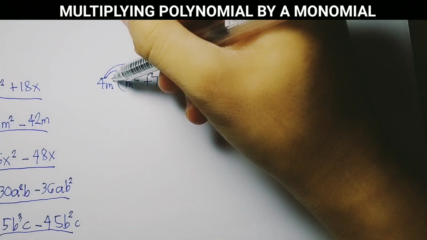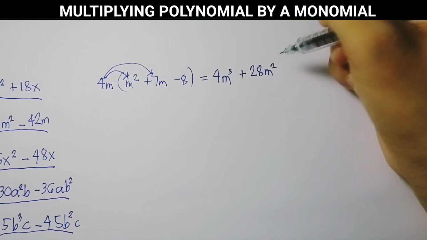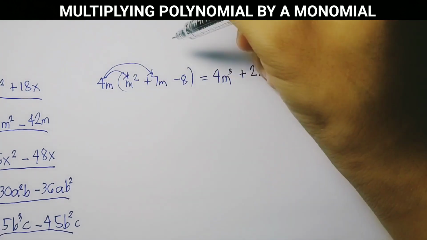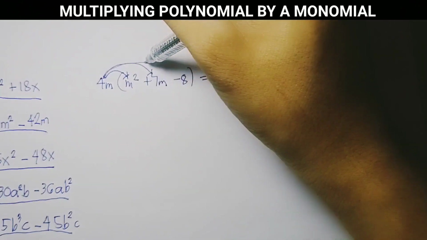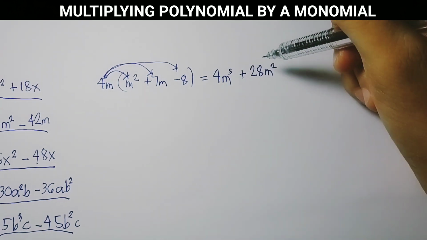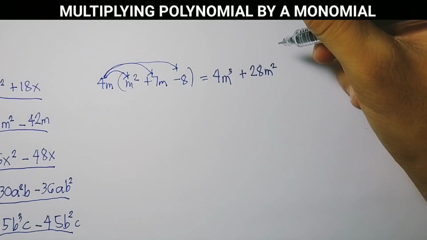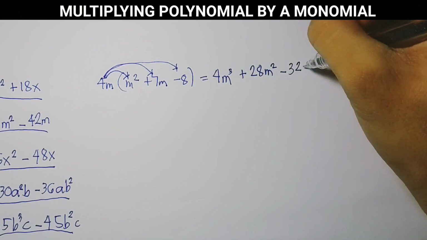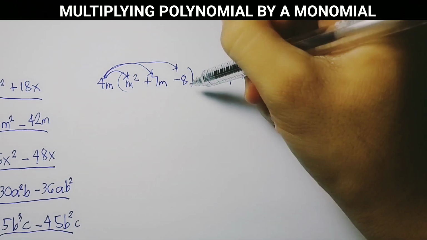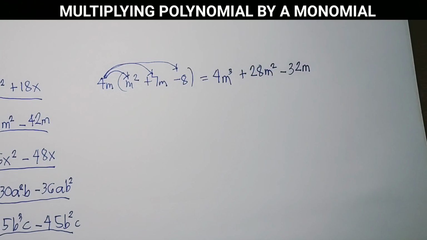Ang exponent 1 plus 1. So, m squared na. Nahuman ta diri. Diri na dayon ta sa last term. 4m times negative 8. So, that is negative 32m. Naa may m diri, so kopyahon na nato ang m.